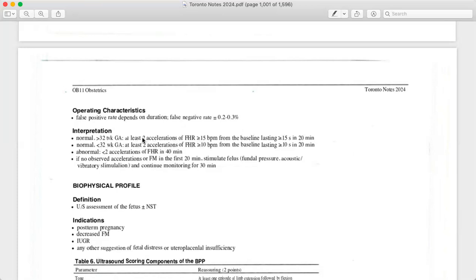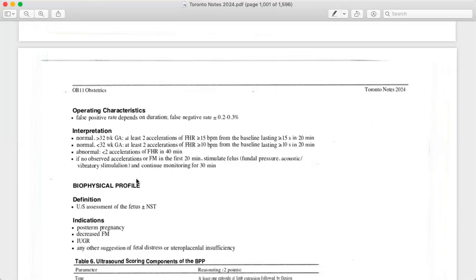So as they said, at least 2 accelerations should be present in 20 minutes. If there are less than 2 accelerations in 40 minutes, it means it is abnormal. If you do not observe acceleration or fetal movement in the first 20 minutes, stimulate the fetus by asking the mother to change position or make a movement, and continue monitoring for 30 minutes.